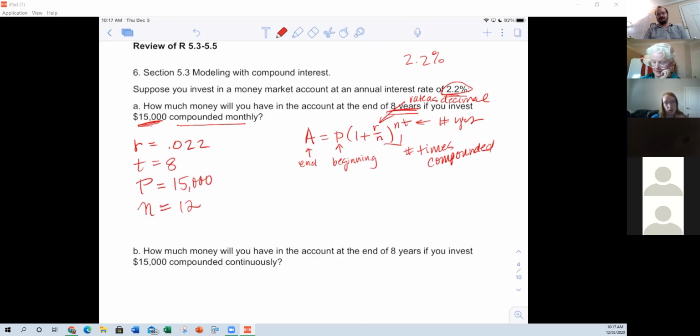So what we're looking for is A. So I'm going to say A is equal to our principal times 1 plus 0.022 divided by the number of times it's compounded, to the power of 12 times 8.